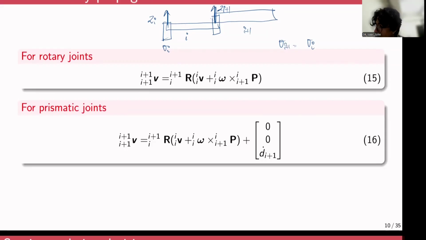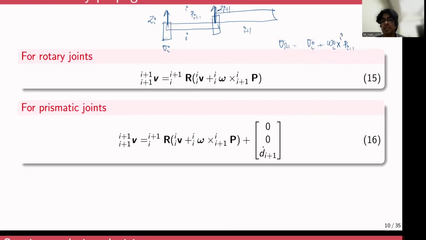Omega would be the angular velocity of this joint, which we represent as omega I, cross r, the position vector of I plus 1 with respect to I. This is how you propagate velocities.